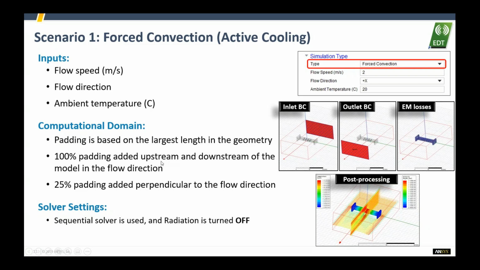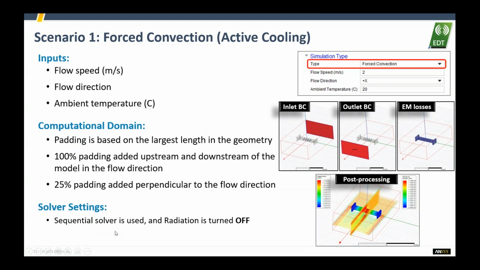We have the EM losses. So as it was said, 100% padding added to the upstream. So that's why the box is rectangular as opposed to square, I guess. So 25% of the padding is added perpendicular to the flow direction. So the two ends of this structure was not touching the boundary conditions after all.